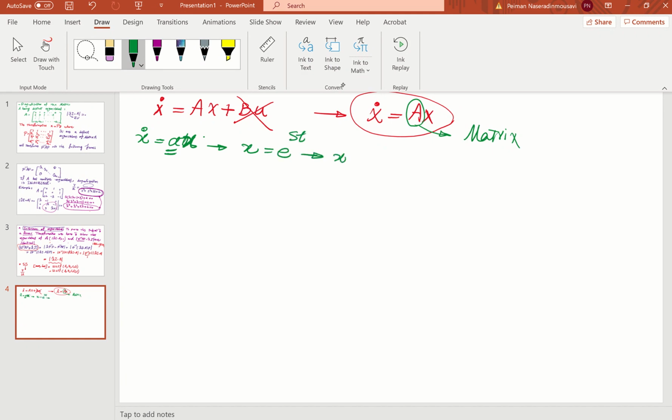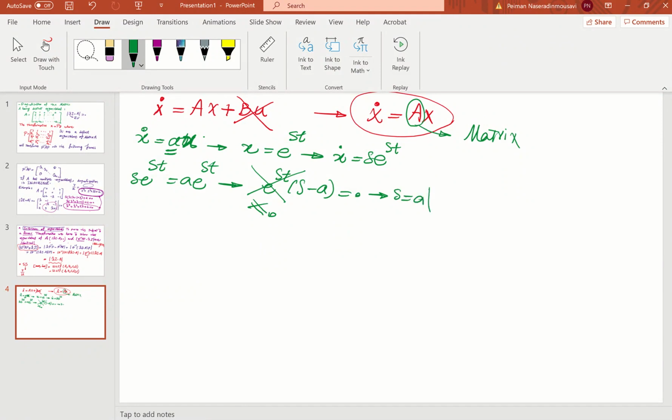Then the first time derivative is s e^(st), and replacing here you have s e^(st) is equal to A e^(st), or e^(st)(s minus A) is 0. This can never be 0, because if that's 0, you have the trivial solution of 0. So from here you had s is equal to A.